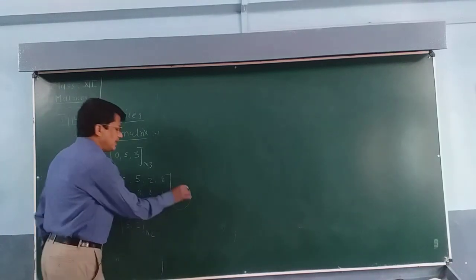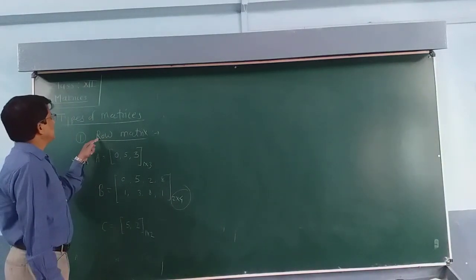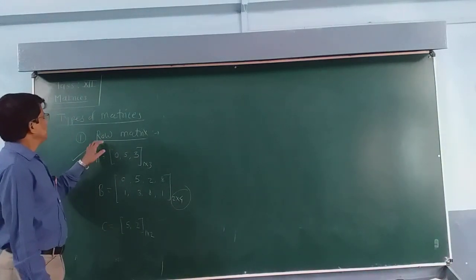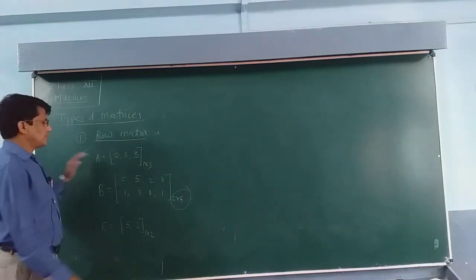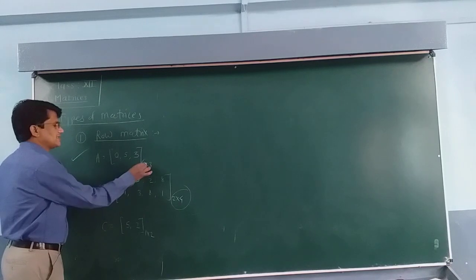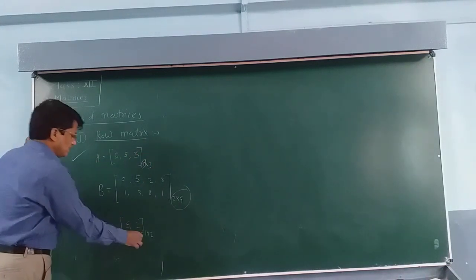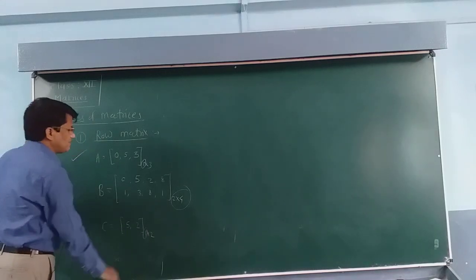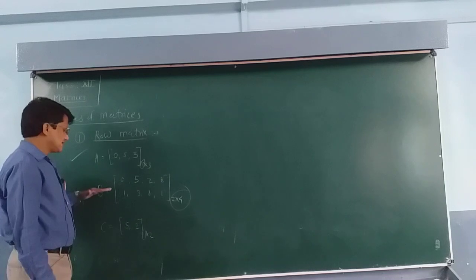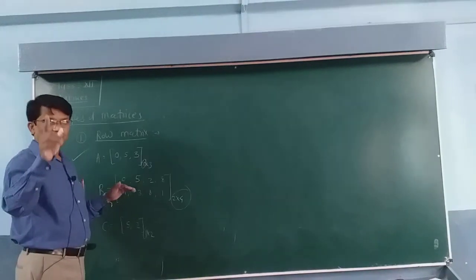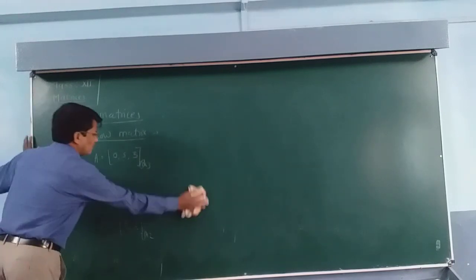Here the order is different, because we are discussing row matrices. A is a row matrix, no doubt, with first row and different columns. But B is not a row matrix, meaning a matrix having only one row.